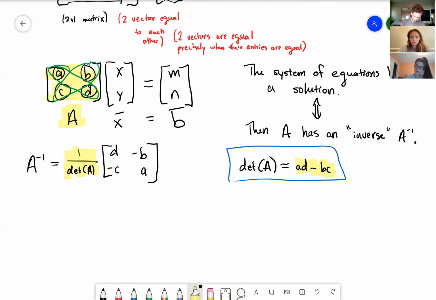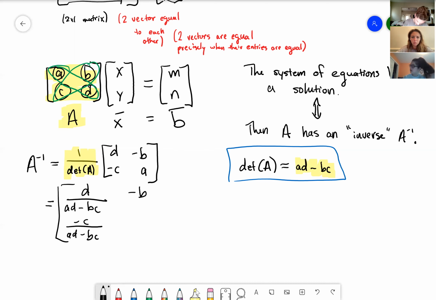So we could have written in the top left corner, D divided by the determinant of A. Actually, let's show how complicated this would be to write it out. What a pain it would be, so that we can all agree that it will be easier to write it like this. So this is what we really mean by this. This is just a convenient way of not having to write all of this complicated stuff.